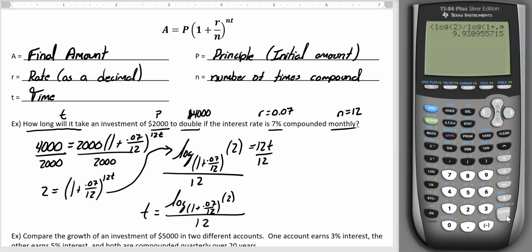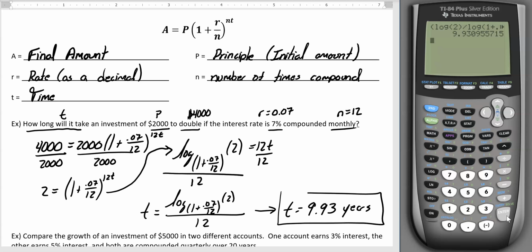When I do that, I get 9.93. So our answer here would be t equals 9.93 years. Voila. Very good. So it would take almost a decade to double your money if compounded at 7% monthly.